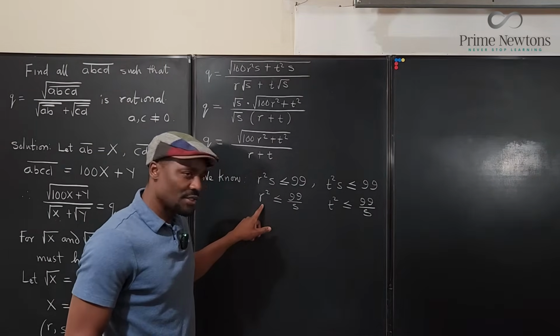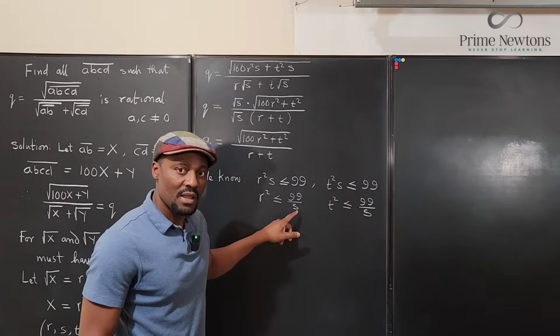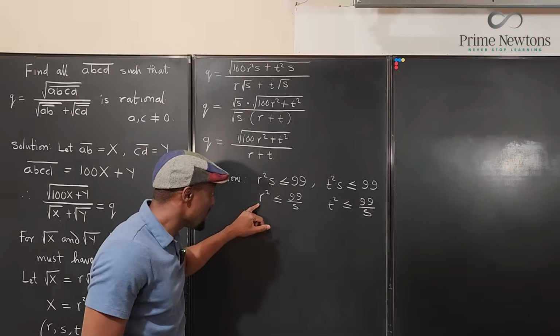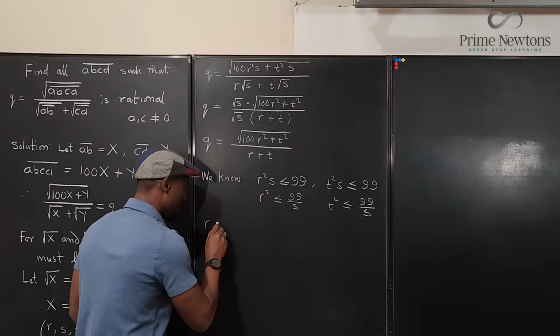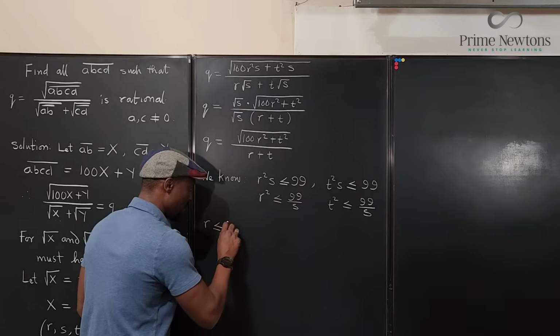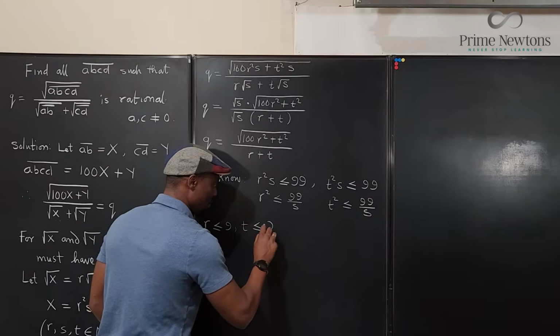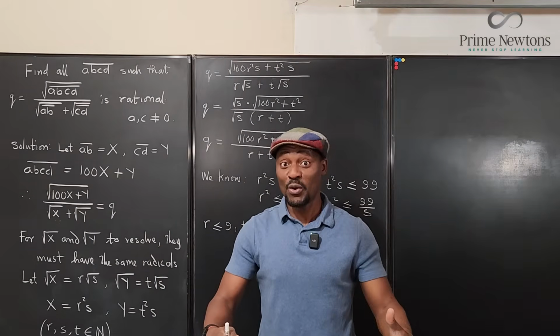What is the largest square that is less than or equal to 99? That's 81. So R is less than or equal to 9, and T is less than or equal to 9. We have restricted all our options.